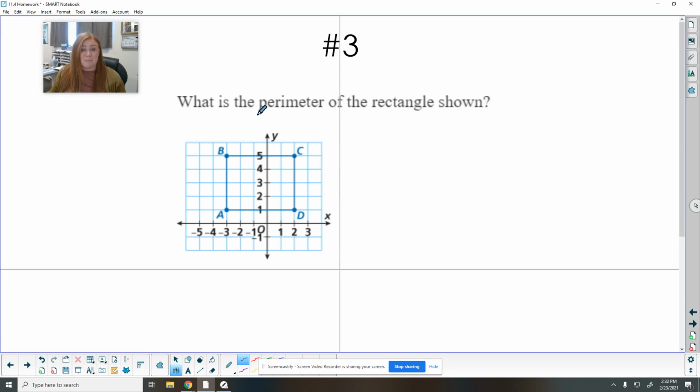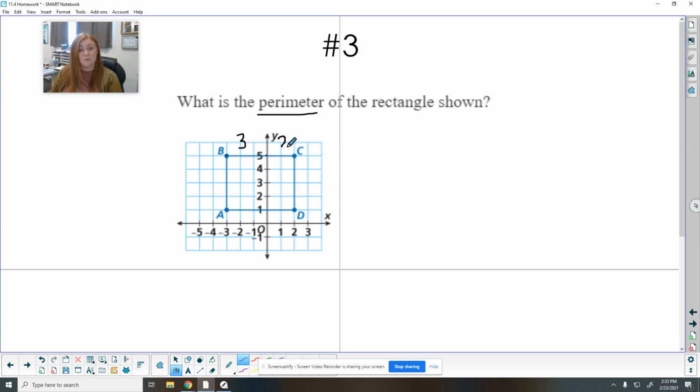Number 3 wants the perimeter, so the outside. First we need to find our distance. I'm going to go across first. How do I get from 0 to B? This is at -3. So we did the absolute value of -3, which is 3. How do I get from 0 to C?